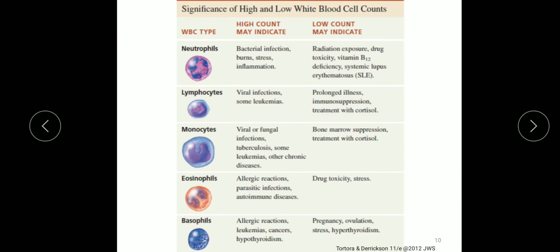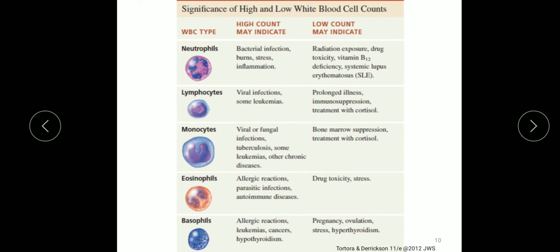Now let us see the significance of high and low WBC count. As we have already learned, an increase in the number of circulating WBCs usually indicates inflammation or infection. A differential WBC count gives a count of each of the 5 types of WBCs.